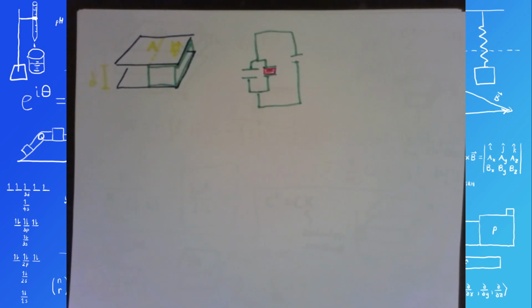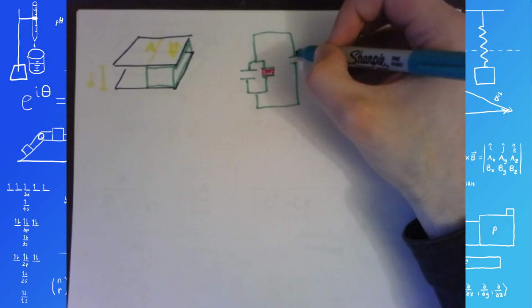Okay, so how do we deal with capacitors in parallel? Before we go to solving this, let's figure out how to find the equivalent capacitance for two capacitors in parallel to one another.